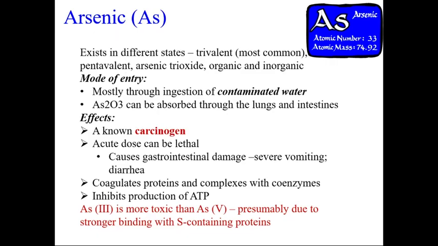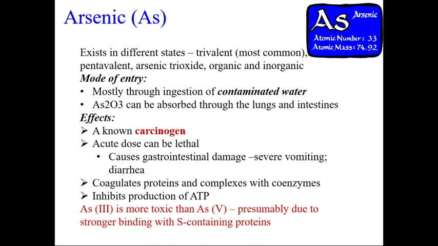Arsenic exists in different states, and it is arsenic in the trivalent form which is most common and most toxic. It occurs as arsenic trioxide, organic and inorganic. It mainly comes through contaminated water, and WHO had published a report on the high levels of arsenic contamination in the water of Bengal. Most of the deaths among people drinking there were due to the highly contaminated water.